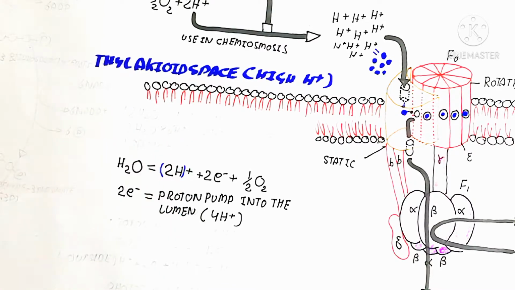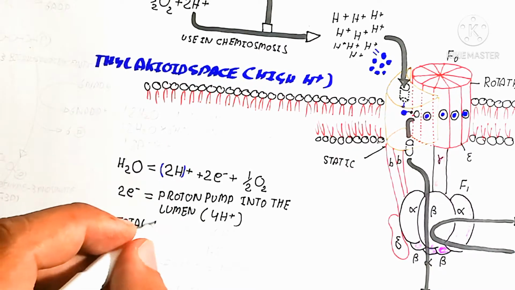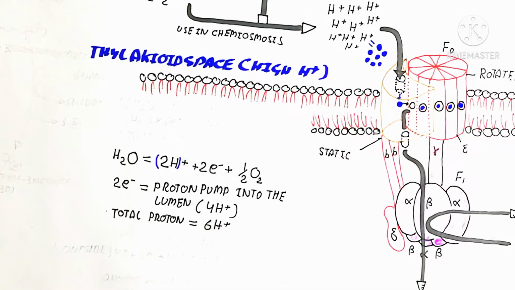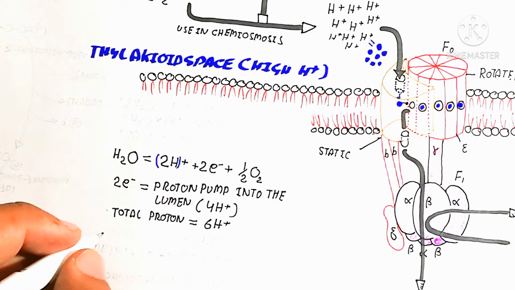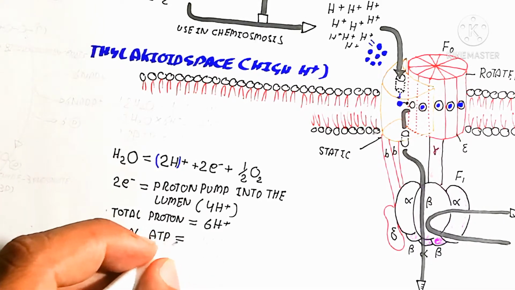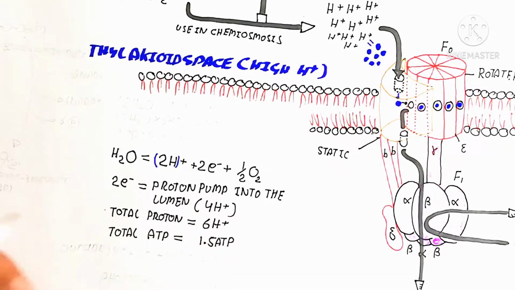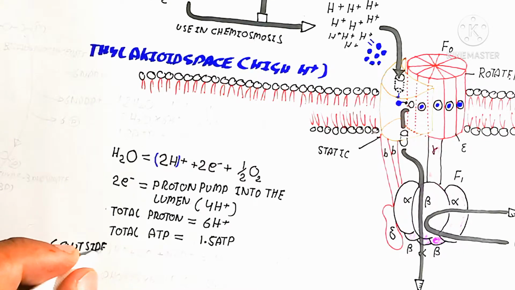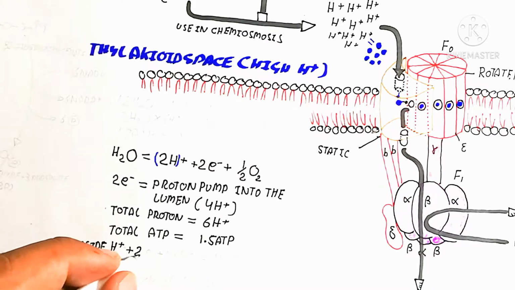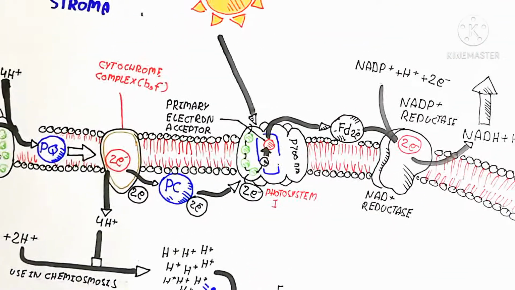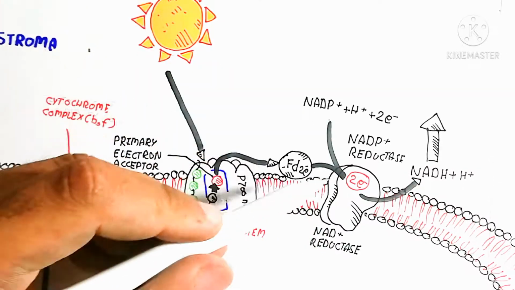Here 2 electrons are used, and 4 protons are pumped inside from the plastoquinone binding and move into the lumen, while the total is 6 protons inside: 2 come from the water and 4 come from the proton pump, which move inside the lumen due to the electron flow.